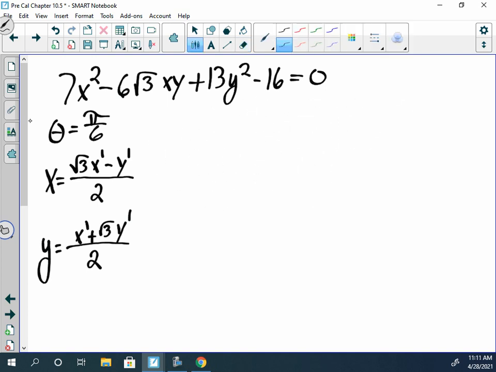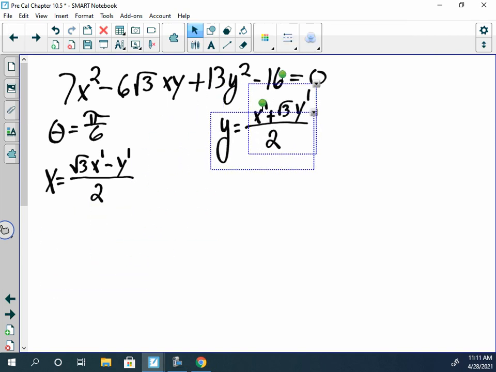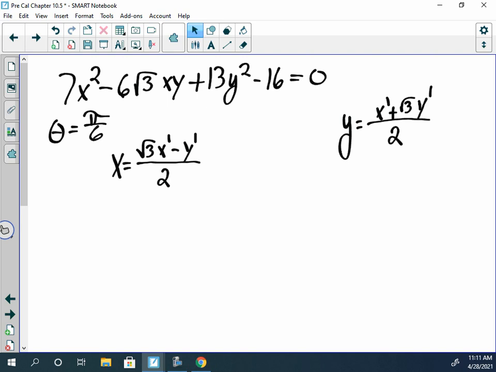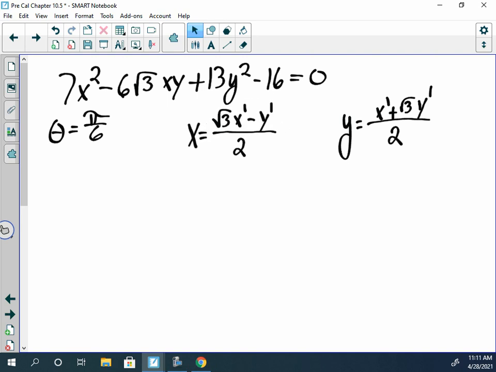Any questions on this here? Before I move these up here, because I'm not going to have the same space, just like we did on the previous one, we're going to do the same thing. We're going to replace x and y with these here.